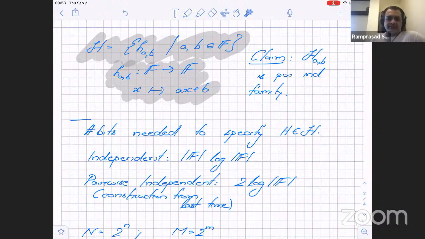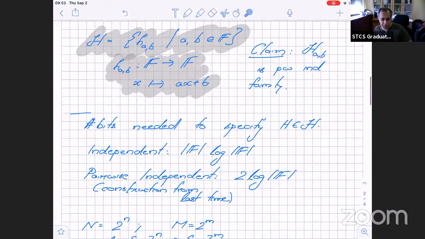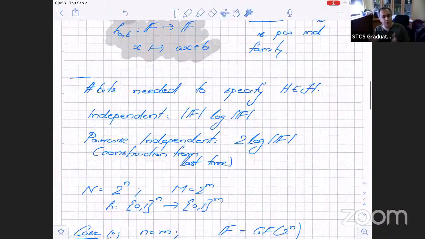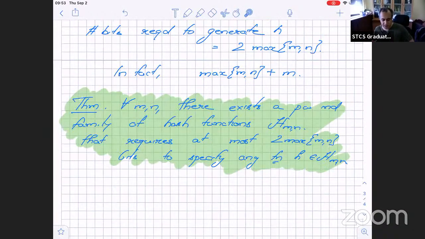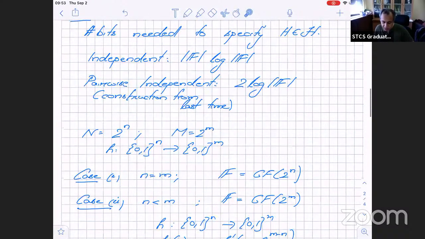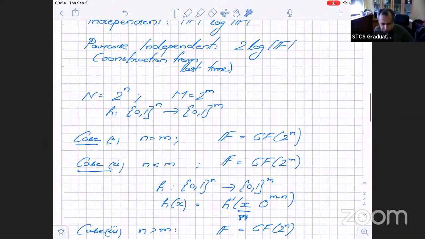And this is doing substantially better. So if you notice that your analysis in some places requires only pairwise independence, you can shrink the amount of randomness. If you look at it carefully, in some cases this is an exponential drop, from f log f to 2 log f.